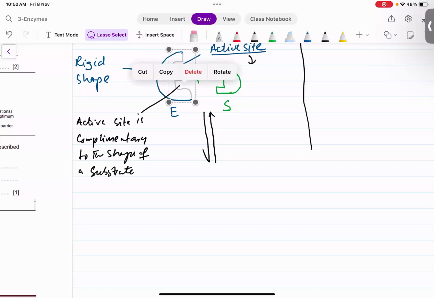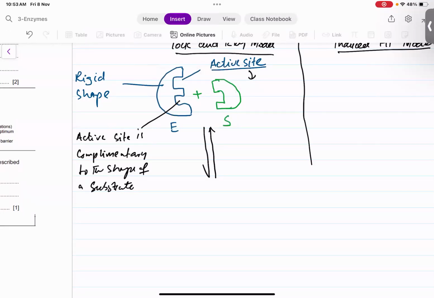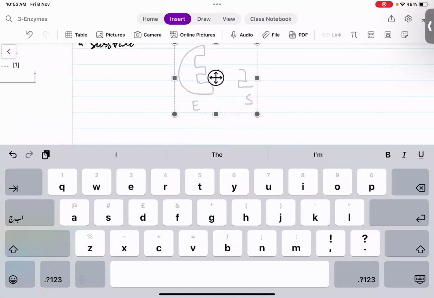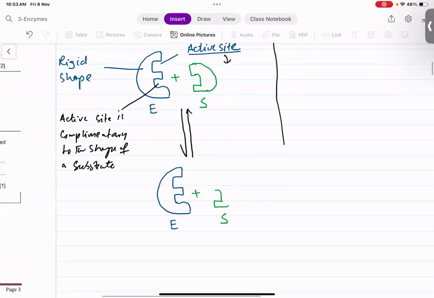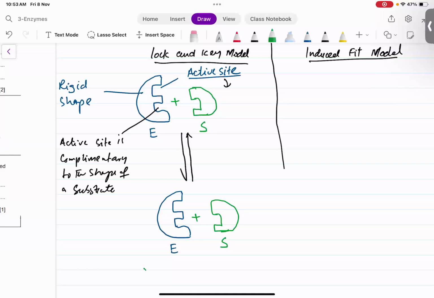Okay, so you see, this is the substrate, and the substrate and enzyme active site have a complementary shape.